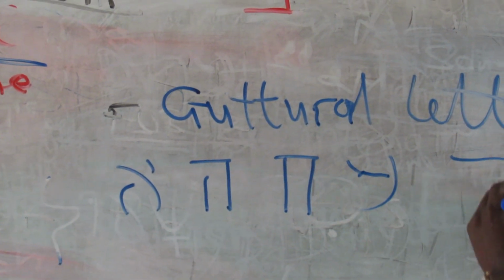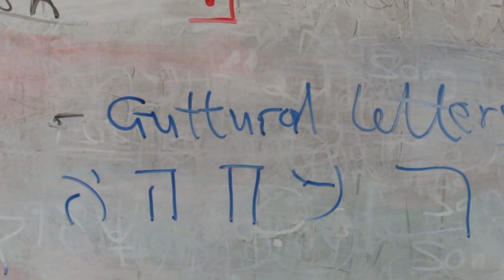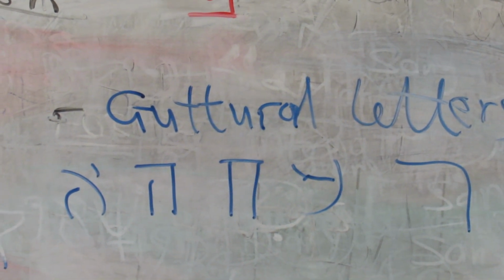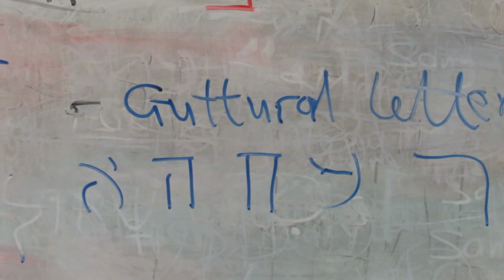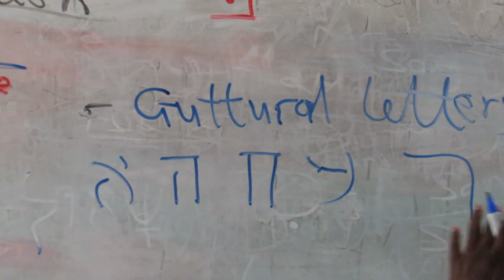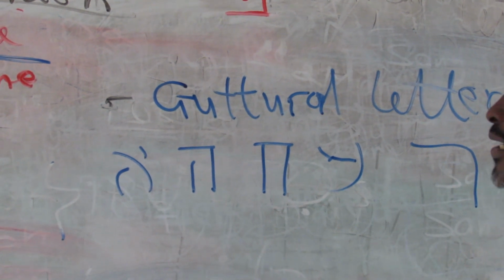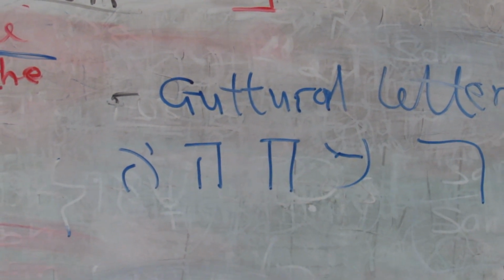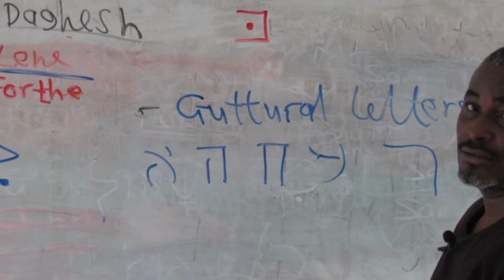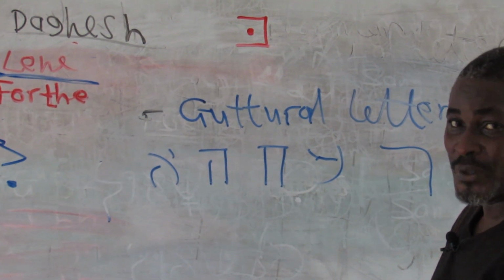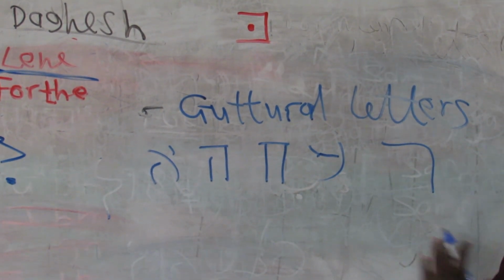Then the letter Resh also acts like them, because all of these are guttural letters. So Dagesh forte or Dagesh lini does not appear in any of these. These are the only letters that do not admit Dagesh at all, either lini or forte, because they are guttural letters.